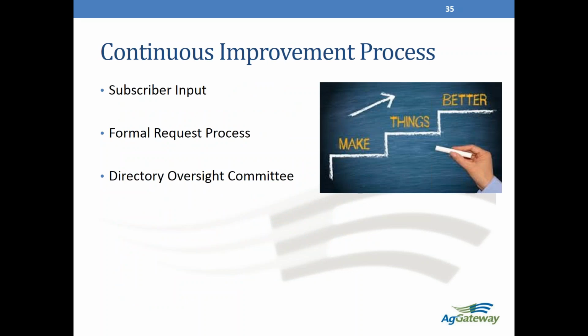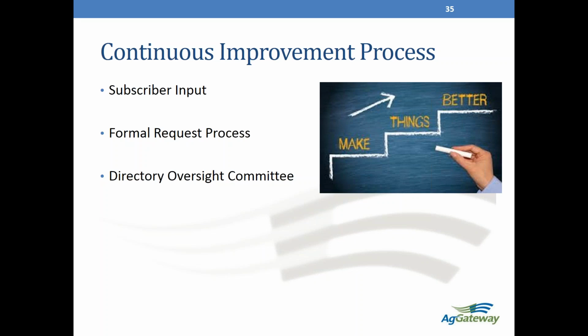It is important to know that there are continuous improvement processes around the Ag Industry Identification System. It's always changing, so subscriber input is encouraged. There is a formal request process. We have a request form that's available on the AgGateway website for enhancements to the AGIIS system.